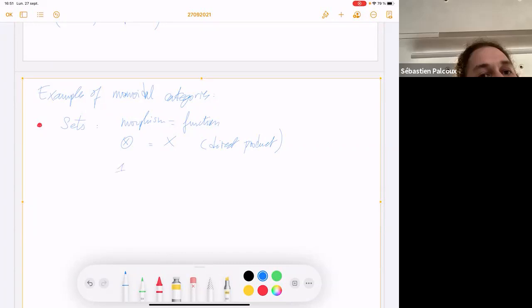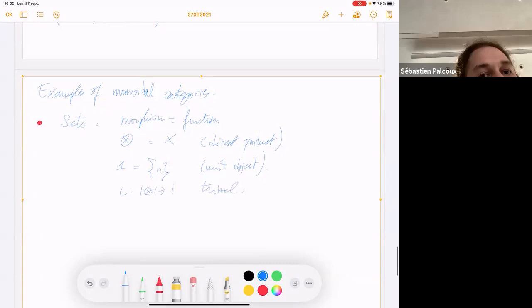The unit object: you can take a set of one element, but in fact, any set of one element can be a unit object, since two sets of one element are isomorphic to each other. And you have iota, 1 to 1, trivial.